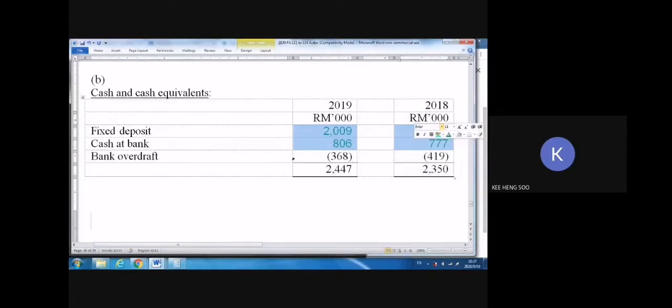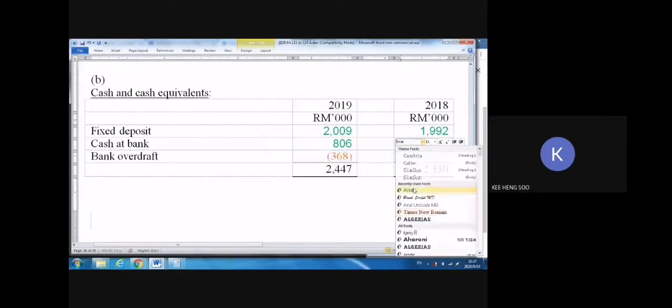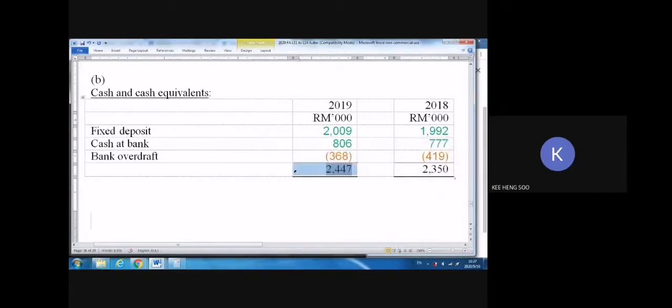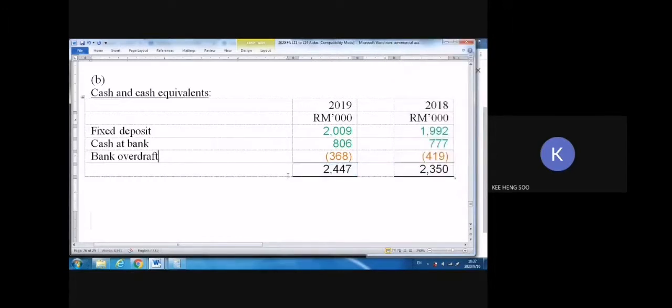Then this one will be overdraft. Okay, that's how you get the cash and cash equivalent.